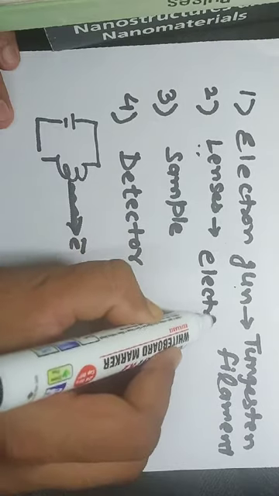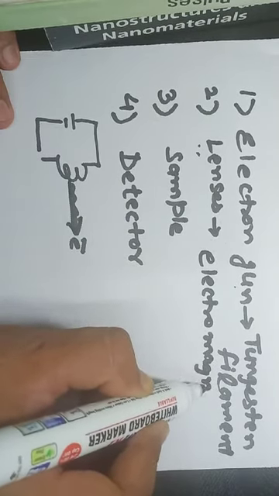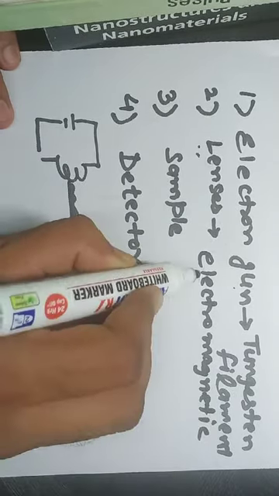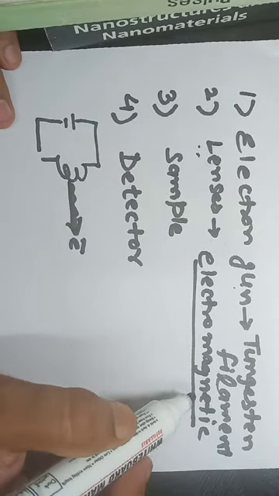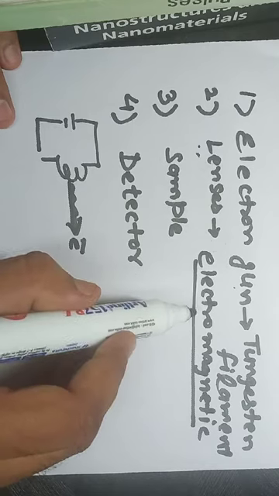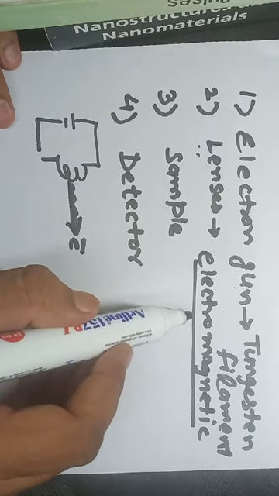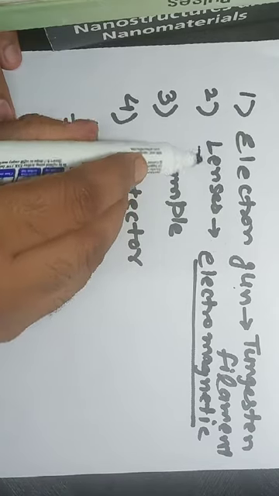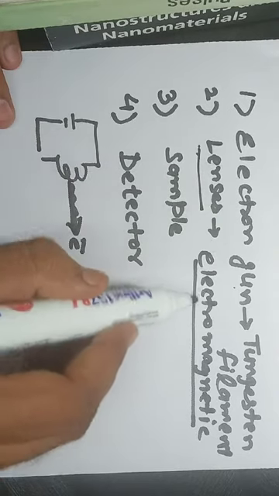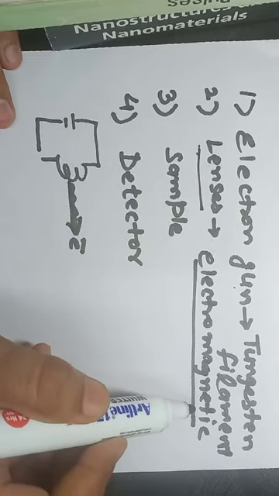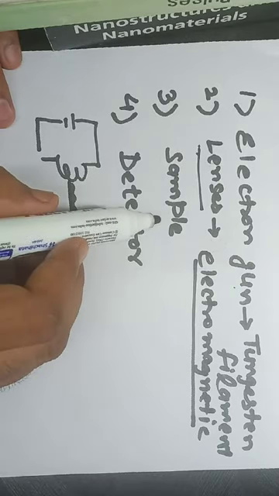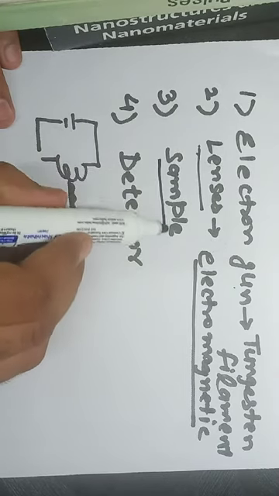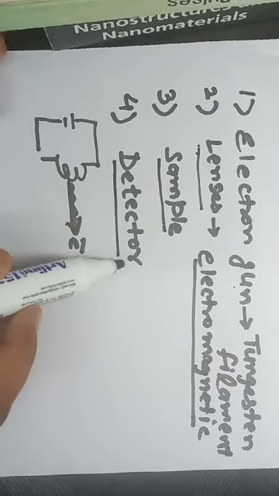What type of lenses are these? Basically, you would have the electromagnets which will be deflecting the path of the incident electron beam. So we have to make a distinction. Lenses does not mean that we are talking about the optical lens. These are the electromagnetic lenses. In the presence of these lenses, your sample will be illuminated, and then you would have the detectors.